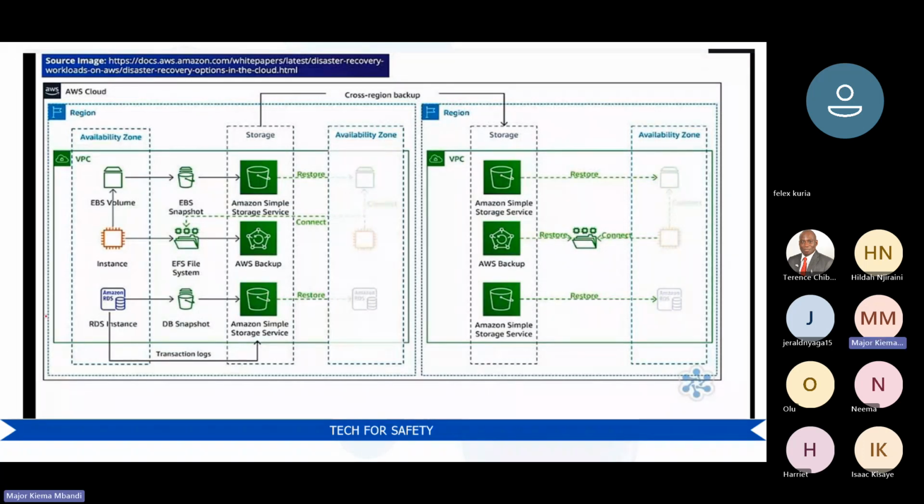So on this other side, you have now your region B. You can have your storage solution, still Amazon Simple Storage Service, so that this EBS snapshot that was stored in S3 can now be copied to another region. And you have AWS Backup that is integrated with the S3 service.